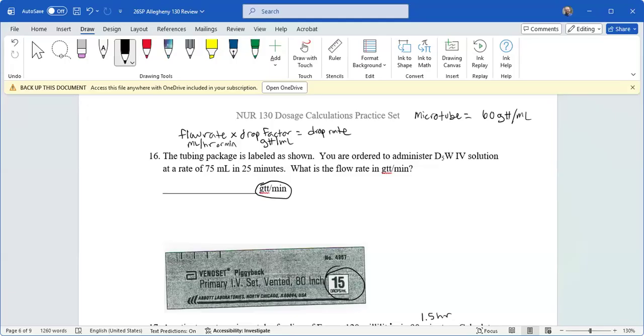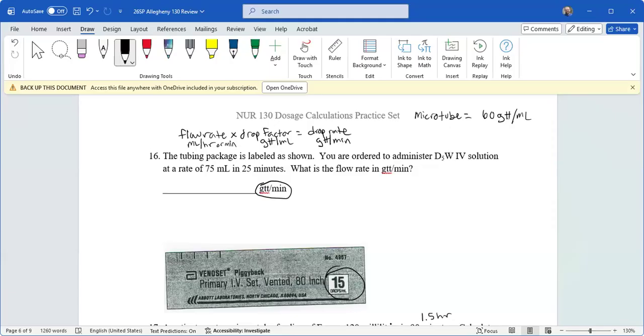We don't have you memorize 60 drops per mil, mainly because, as you can see here, an example where it's 15. I've seen 5, I've seen 10, I've seen 30, I've seen 45. There's a variety of different drops per milliliter. It depends on the diameter of the tubing. Your drop rate is always going to be drops per minute.